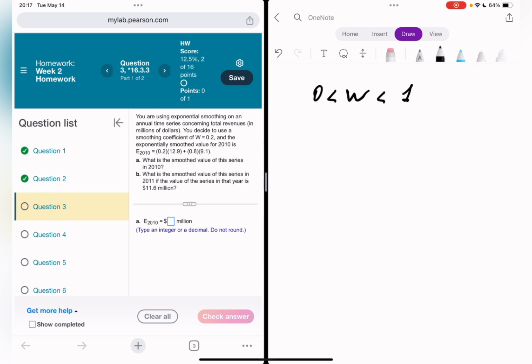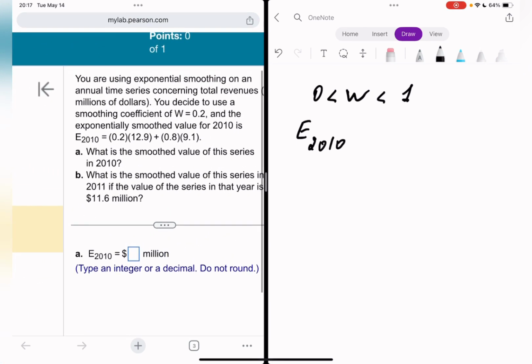So our value of the exponentially smoothed series E for 2010 is equal to 0.2 times 12.9 plus 0.8 times 9.1.